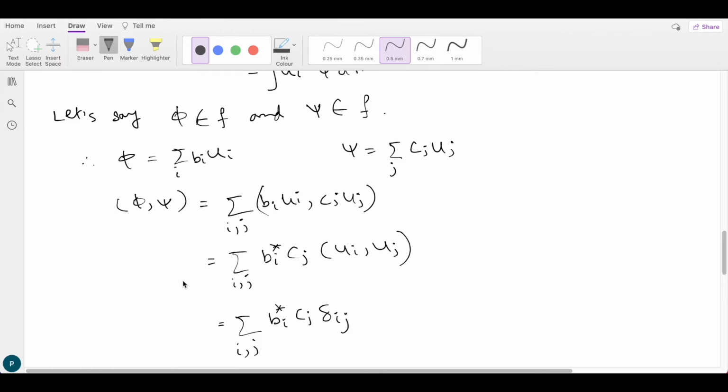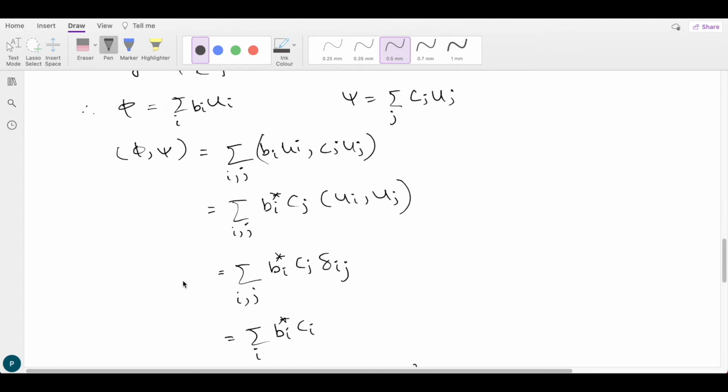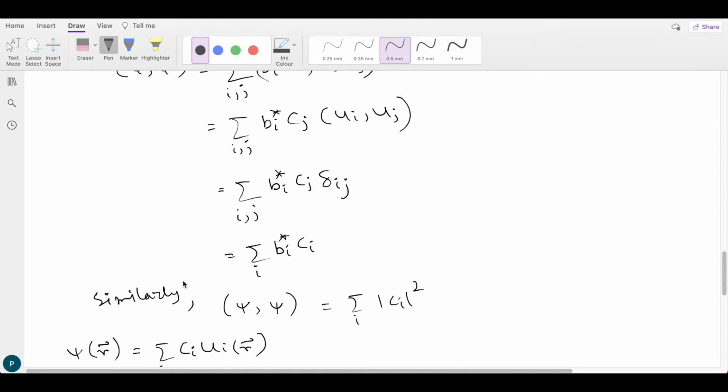We know that the scalar product is the integration, so bi star cj is taken out, and again we get delta ij, which is the Kronecker delta. And if we run the summation over the j index, all the values vanish except when j equals i, and at that point we get the summation over i of bi star ci.